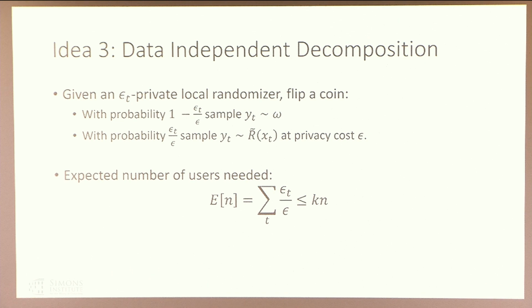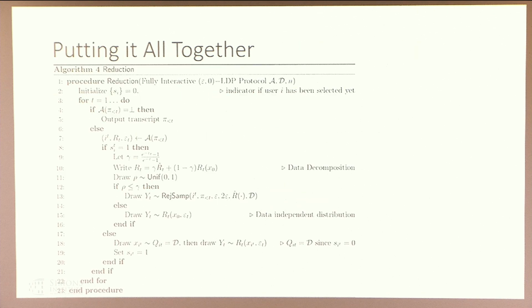Because in general, in many of the rounds that I participate in, I'm actually sending a data independent answer. If your mechanism is k compositional, then you might as well be almost always sending data independent answers. So you can put it all together and it looks like that, but it's really just these three ideas, each of which is pretty simple.